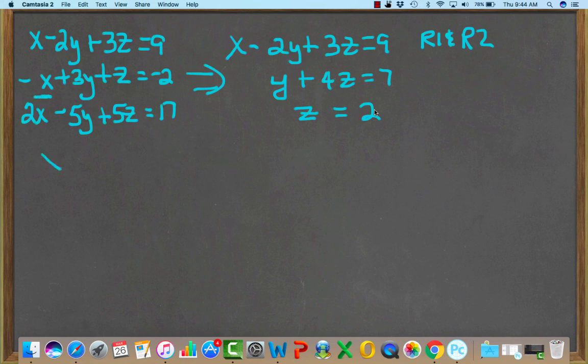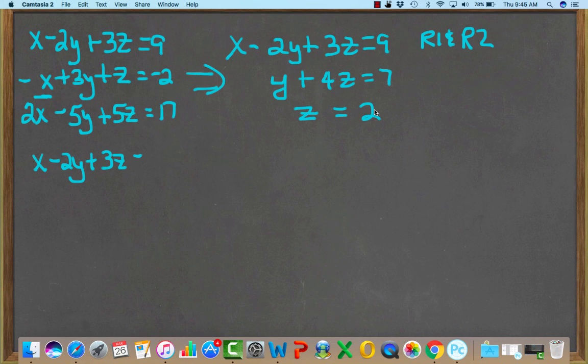In the final system of equations, the first equation is the same as the one you started with. So I try not to bother that equation, and then I'm going to use it to eliminate the variables that I need to for the other equations. So to get rid of the x in equation 2, I just need to add row 1 and row 2. All right, so if I add those, x and negative x will give me 0.